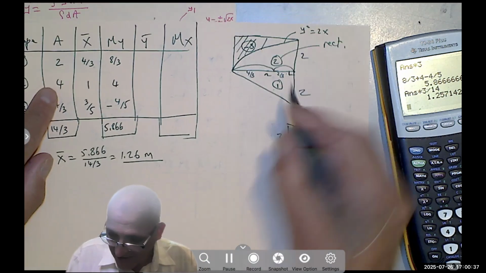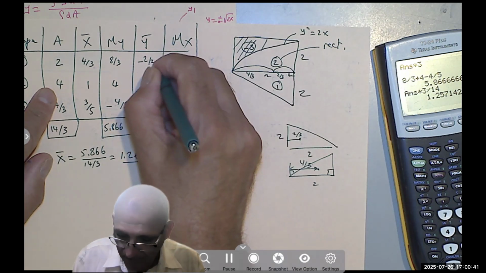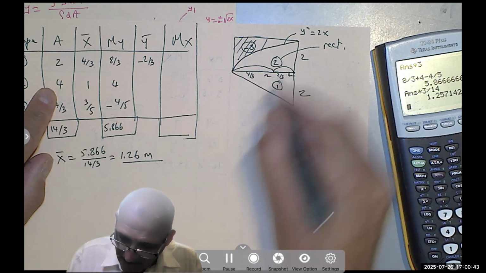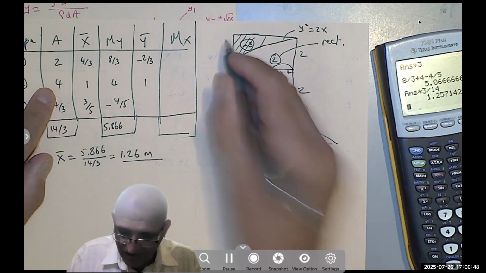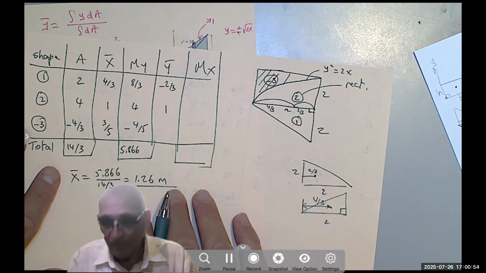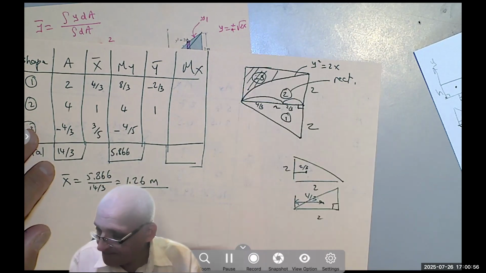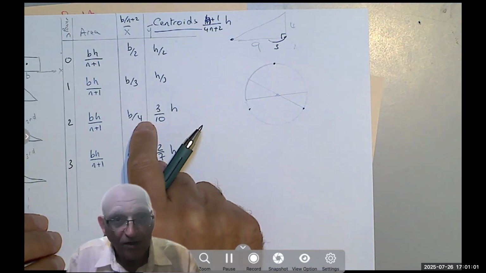Y bar of the triangle, it's below, it's negative 2/3, right? The y is still 1 because it's above half, because that's a square, not a rectangle. I said rectangle, but we said square. And how about this guy? The centroid of this is b over 4, right?